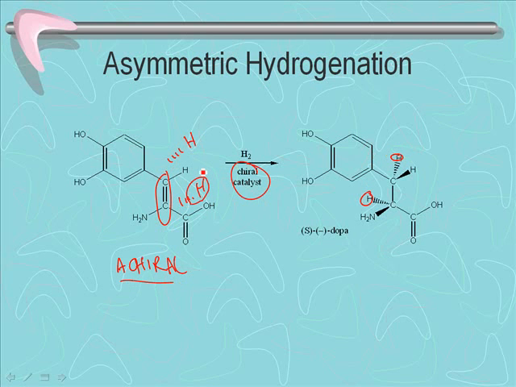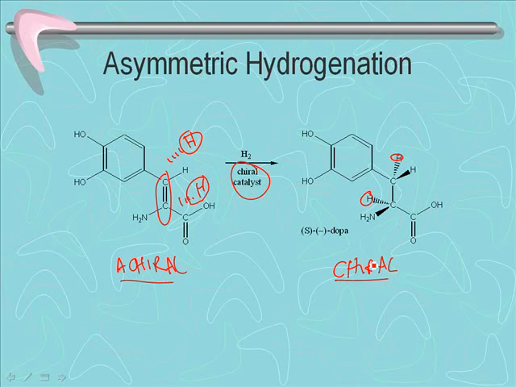And as a result, we get one enantiomer of our product, which ends up being S-dopa, the drug used in the treatment of Parkinson's disease. So here's an example of an extremely valuable product that's made by adding hydrogen to an achiral molecule, leading to a chiral single enantiomer of our product.